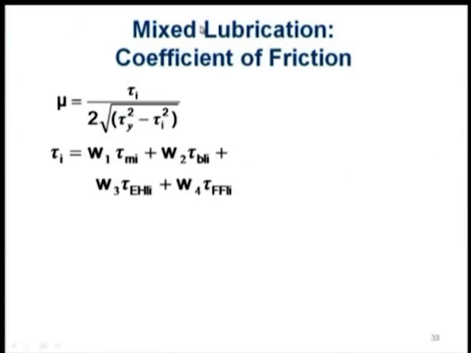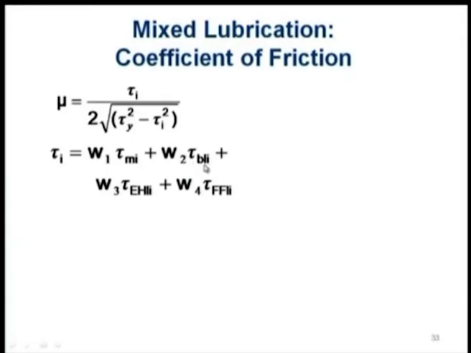If I think from a mixed lubrication point of view, I can say this tau i, the shear strength of the interface, will be a function of the interface made by dry, direct metal-to-metal contact. So I am expressing tau m i as the metal interface, then tau BLI, where B is boundary, L is lubrication, I is interface.